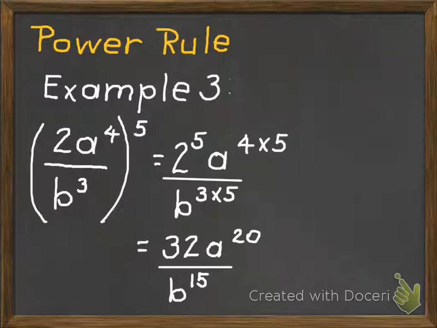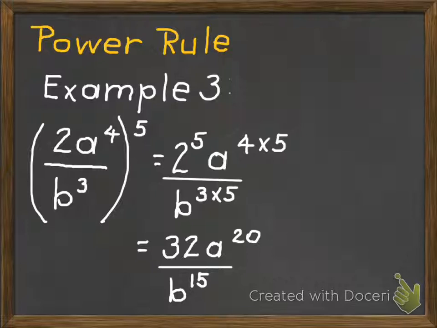And a third example of the power rule. Suppose you have factors here in our numerator being divided by another base to some power. So we have a quotient here within parentheses, and it's being raised to a second power.